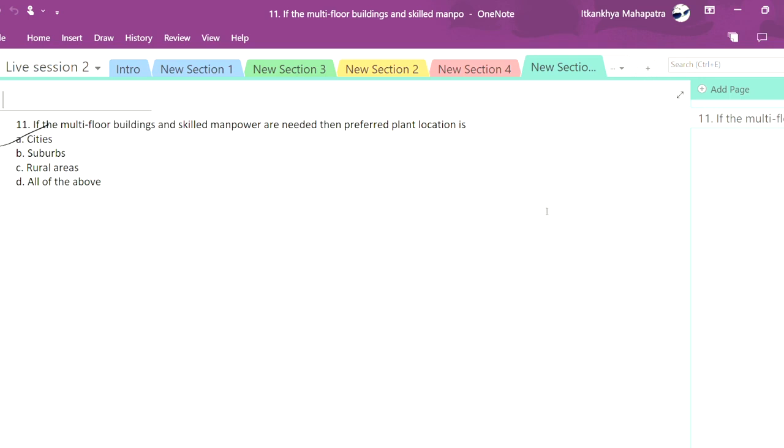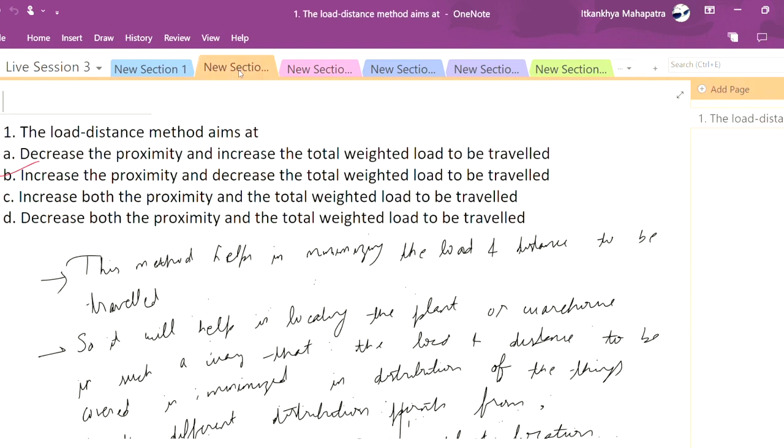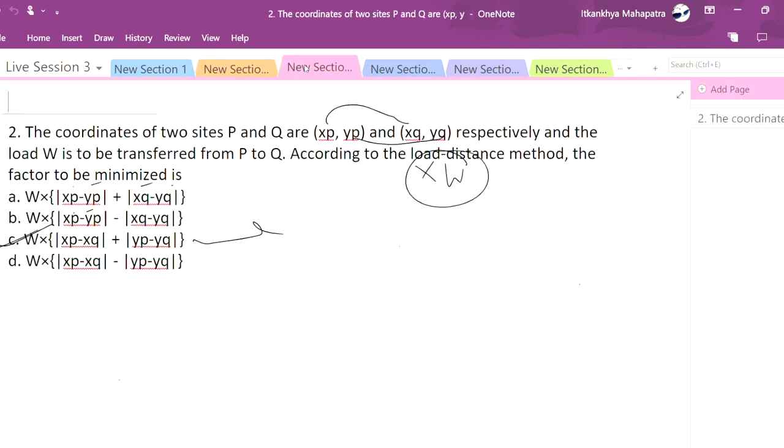Okay, so now we will discuss the third session. Let's start with the third session. In the third session, we discussed the load distance method, how to solve a question using it.